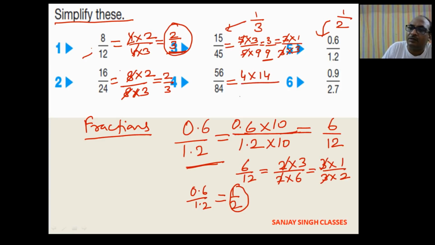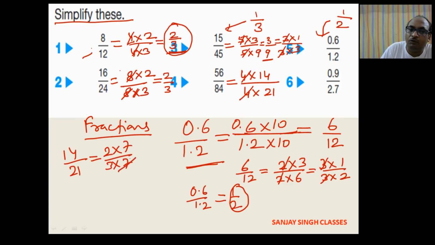Okay. Right. And 84, it means 4 into 21, like this we can put. So this 4 and 4 will get cancelled, left with 14 by 21. That can also be written as 2 into 7 by 3 into 7.